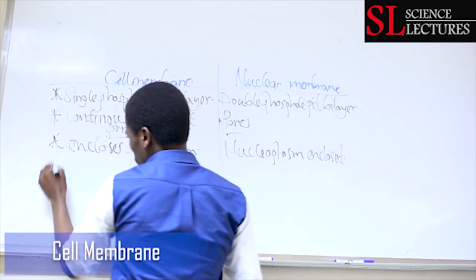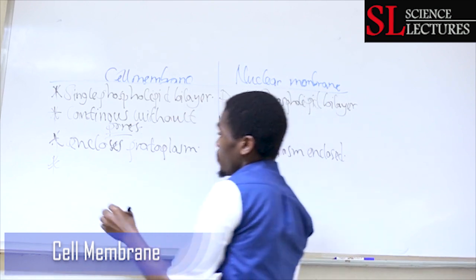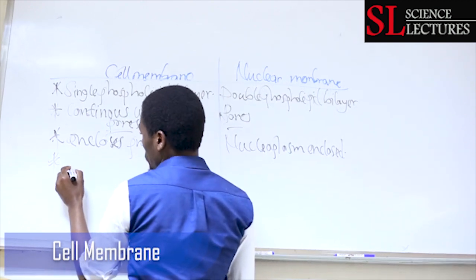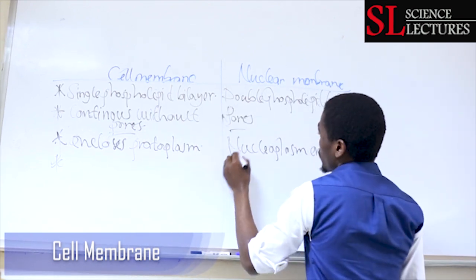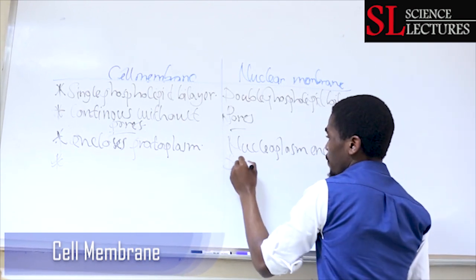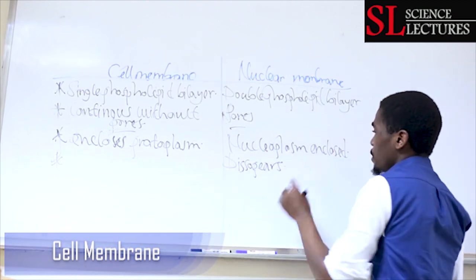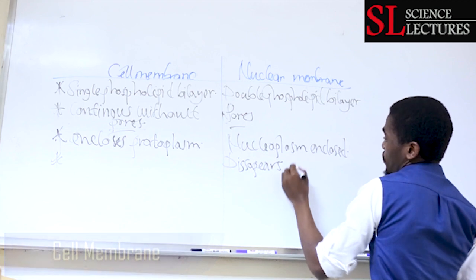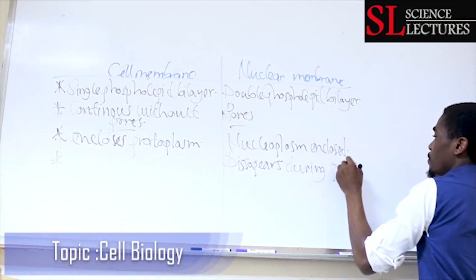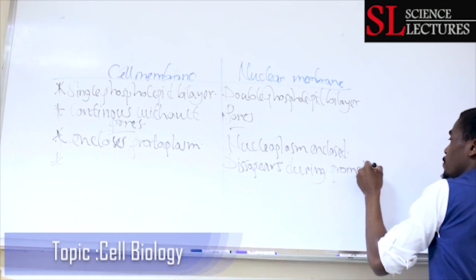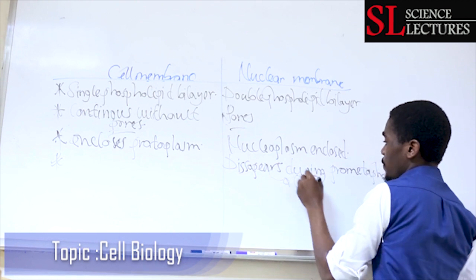Then another difference between the cell membrane and the nuclear membrane. Let me start with the nuclear membrane. It disappears or disintegrates during prometaphase of cell division, and reappears during telophase.